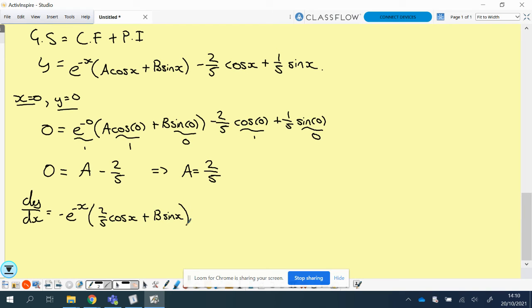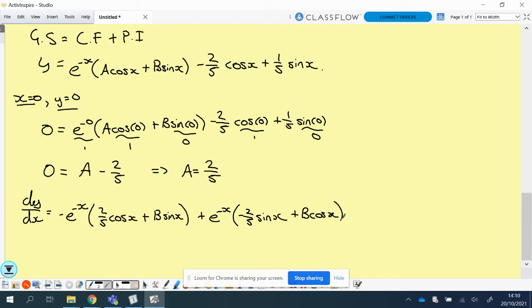If I keep the exponential the same, I then have to differentiate the trigonometric functions in the bracket. Cos x changes to negative sin, so it's negative 2/5 sin x. Differentiate b sin x, that gives me plus b cos x. That's me dealt with the product rule part.